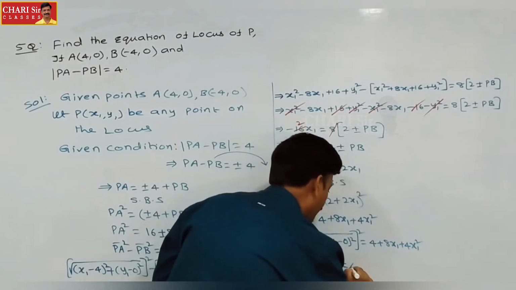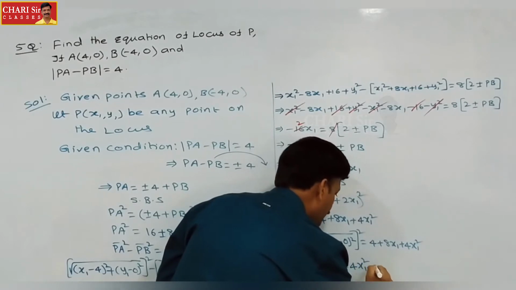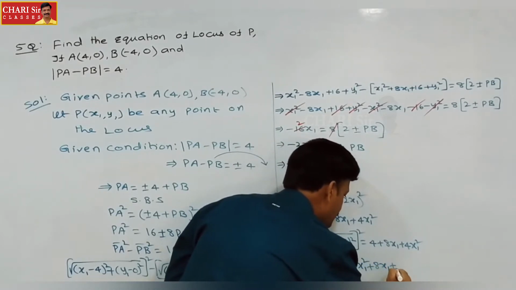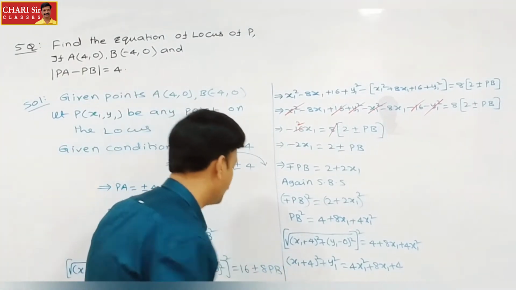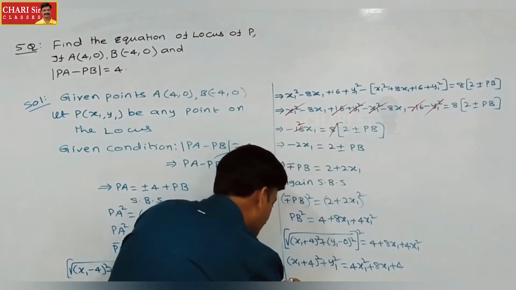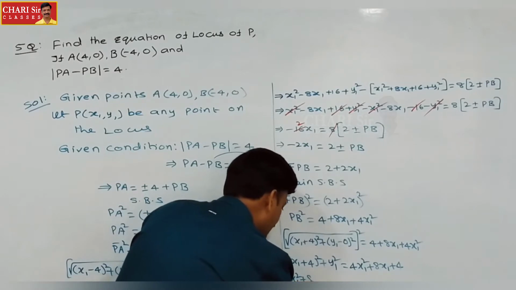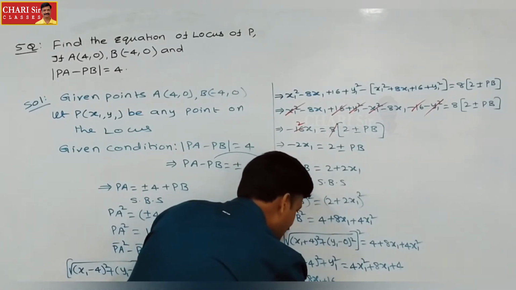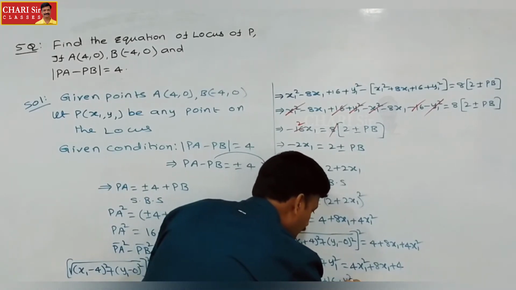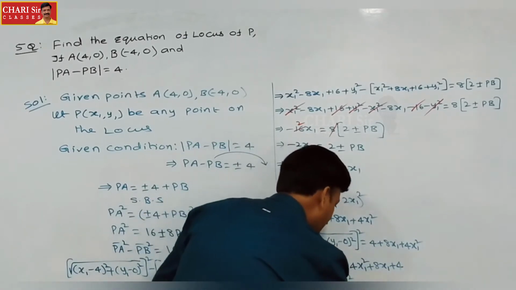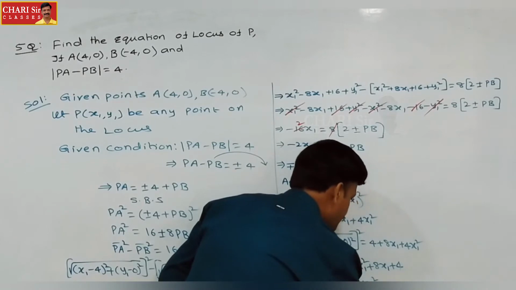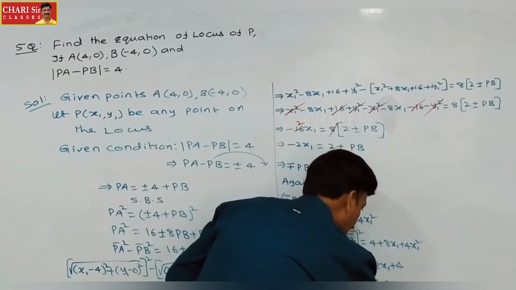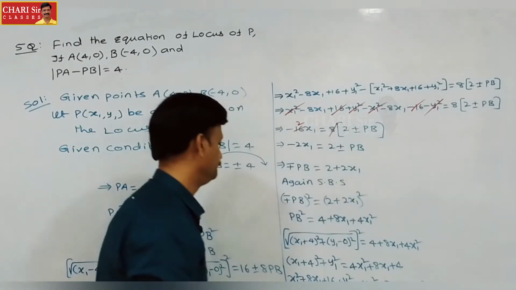So we will write it in order, that is 4x1 square plus 8x1 plus 4. Now expanding this one again, a plus b whole square expansion, that is x1 square plus 8x1 plus 16 plus y1 square, taking every term inside, that is minus 4x1 square minus 8x1 minus 4 equal to 0.